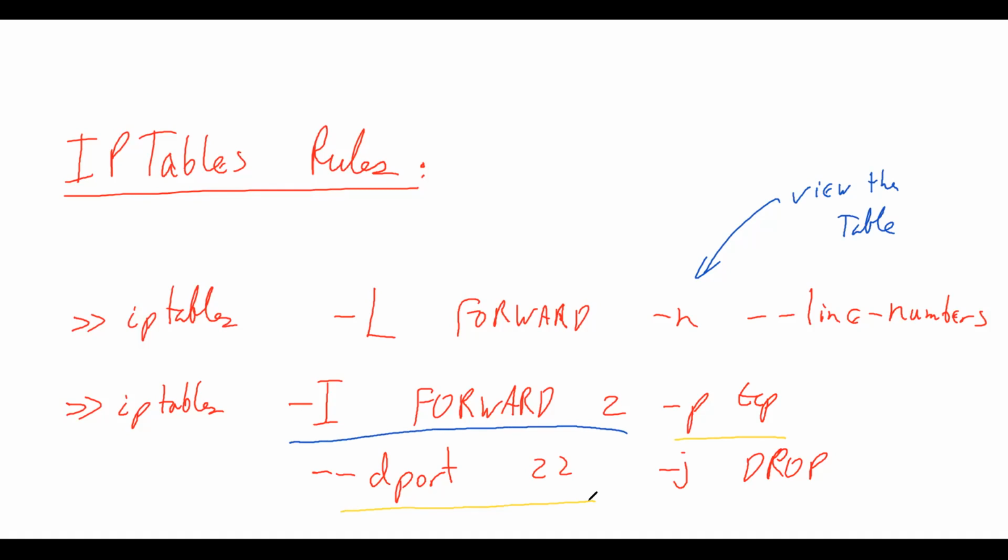And the last part of it is the action to take, which has 3 options: accept, drop, and reject. And reject is really just the same as drop, but it tries to send back an ICMP message with a justification of why something was not allowed through. Okay, so for the most part, you will just need drop or accept, right?